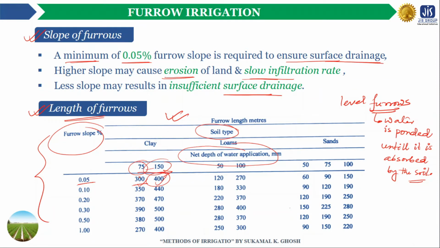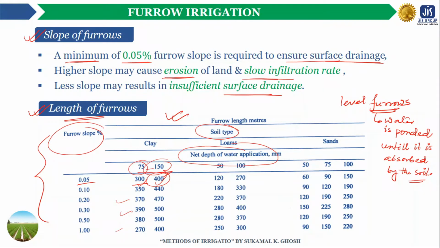In this way, in every row, you may observe that if you increase the net depth of water, then the length of the furrows also increases. Now, the furrow length is considerably affected by the permeability of soil.